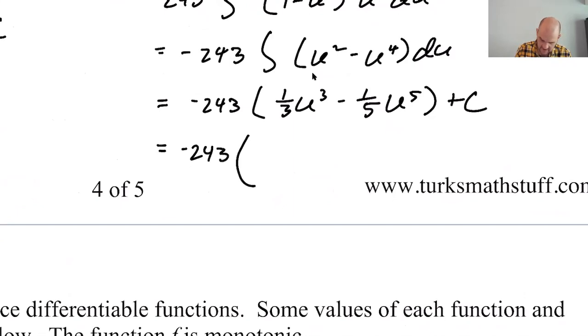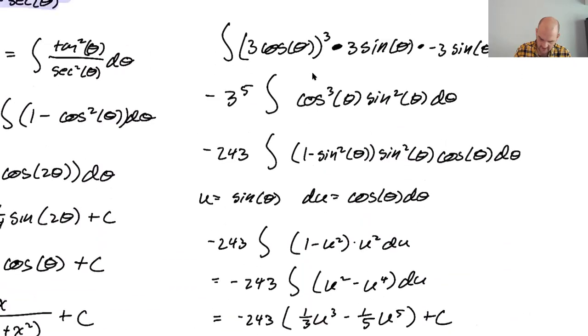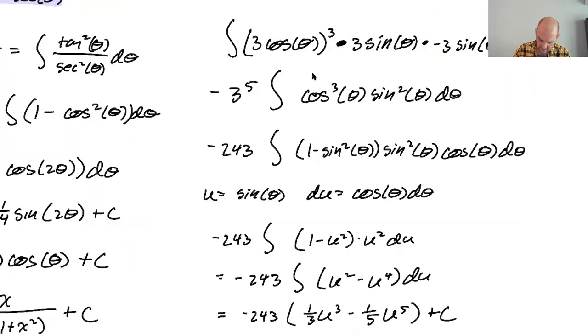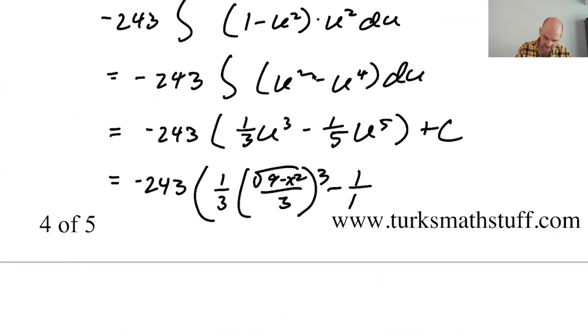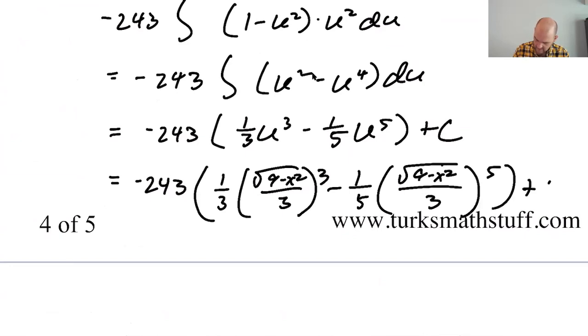Radical 9 minus x squared over 3 cubed. So 1/3 radical 9 minus x squared over 3 cubed minus 1/5 radical 9 minus x squared over 3 to the 5th plus c.